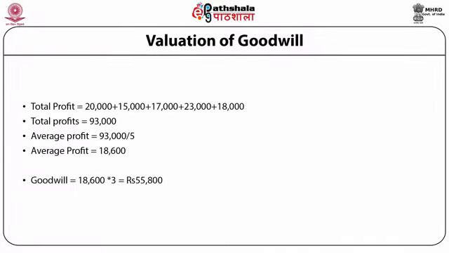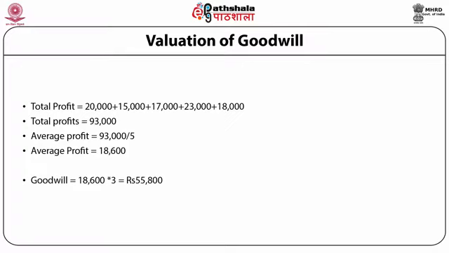Valuation of goodwill is given in this slide, and first of all, total profit is calculated by adding profit of first, second, third, fourth and fifth year, that is 20,000 plus 15,000 plus 17,000 plus 23,000 plus 18,000, and the total profits are 93,000. With the help of total profit, average profit is calculated, and the formula for average profit is total profit divided by number of years, and there are 5 years.